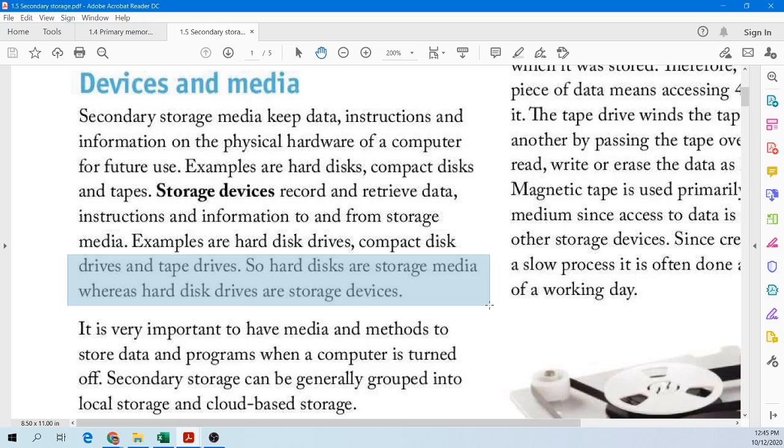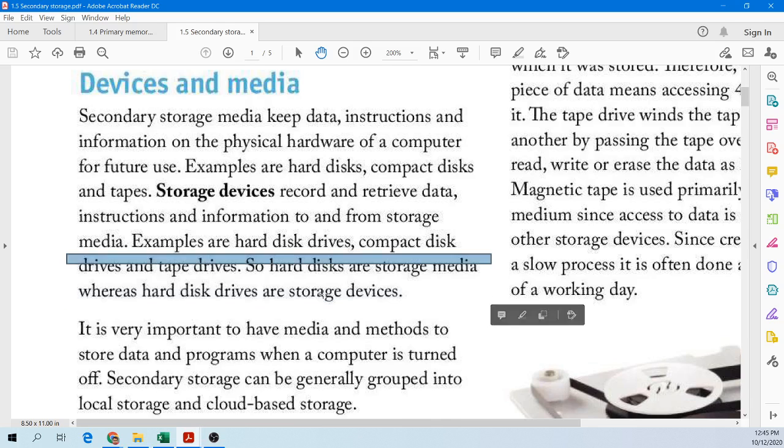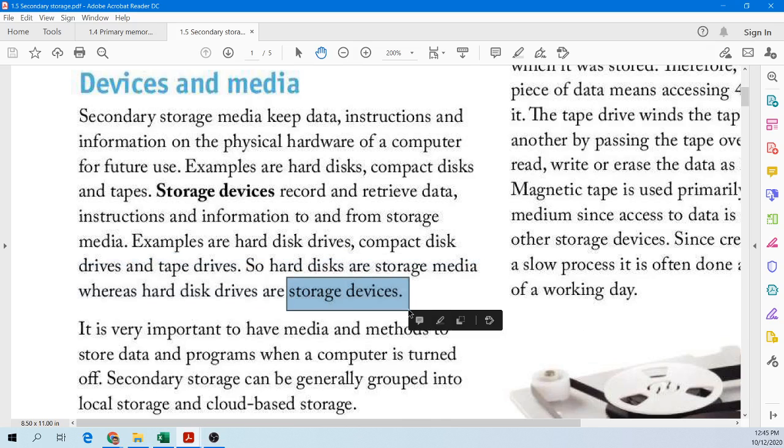Those are the physical parts that actually store the data. So the media is what stores the data, but the storage devices are the devices that put the data onto the media. It records that data on the media, or it retrieves that data from the media.